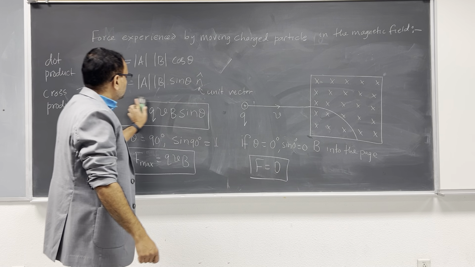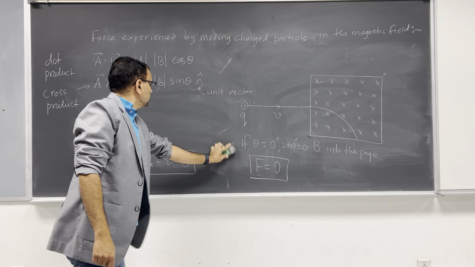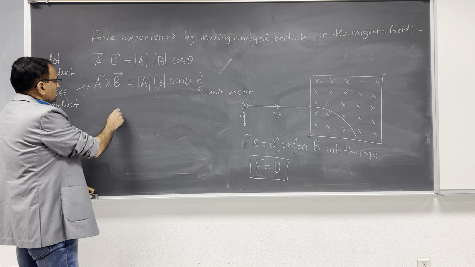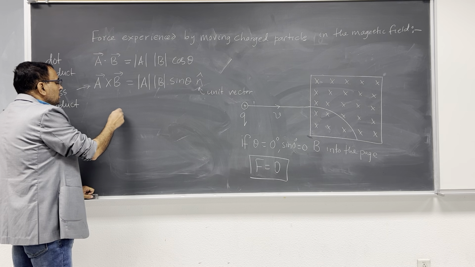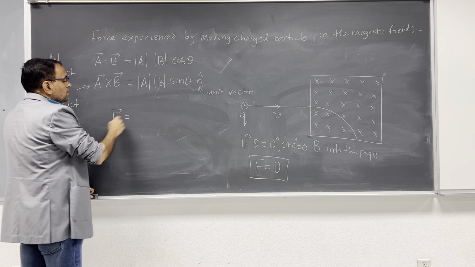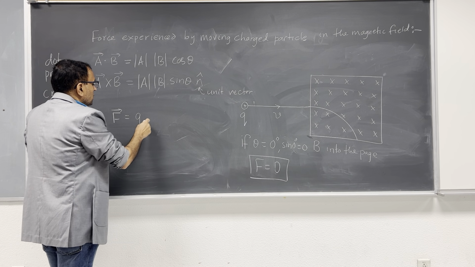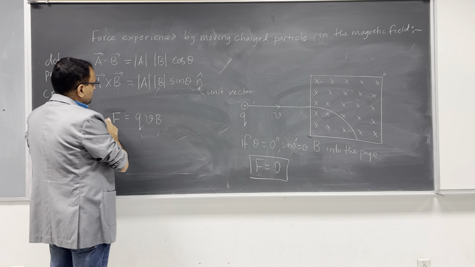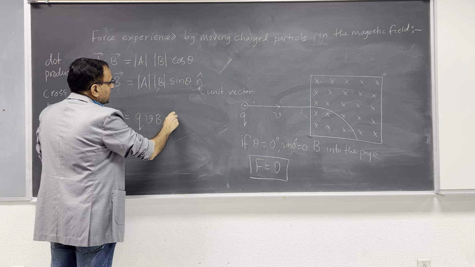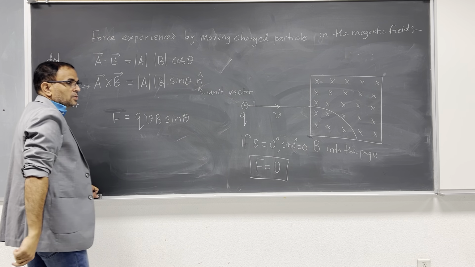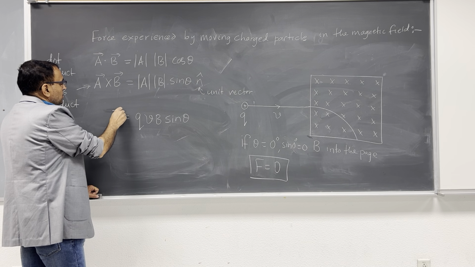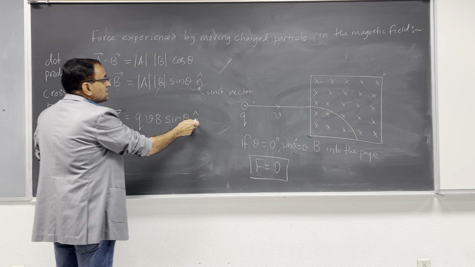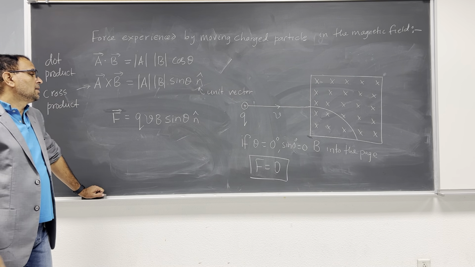Okay, so this is a cross product. Now if you want to use vector notation, I have the formula F equals Q V B sine theta, which gives you the magnitude. But if you want to write it in vector notation, write vector F, and right here you have to write n cap. This gives you the direction of the force.